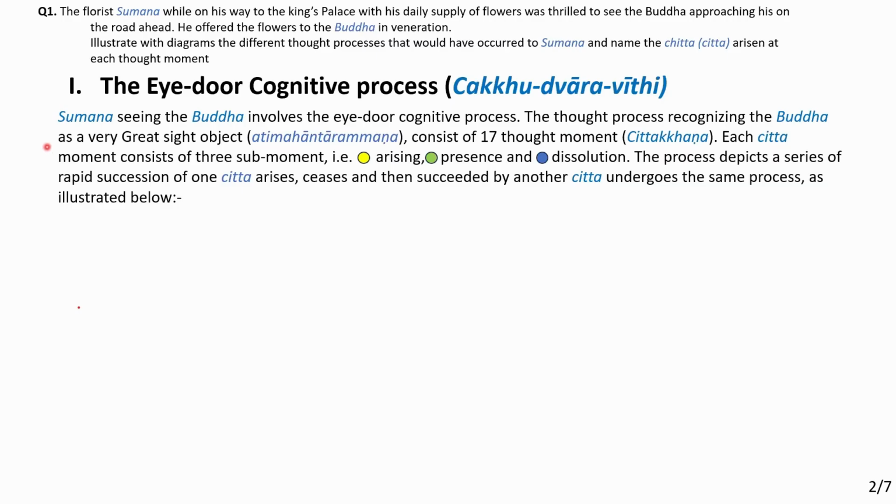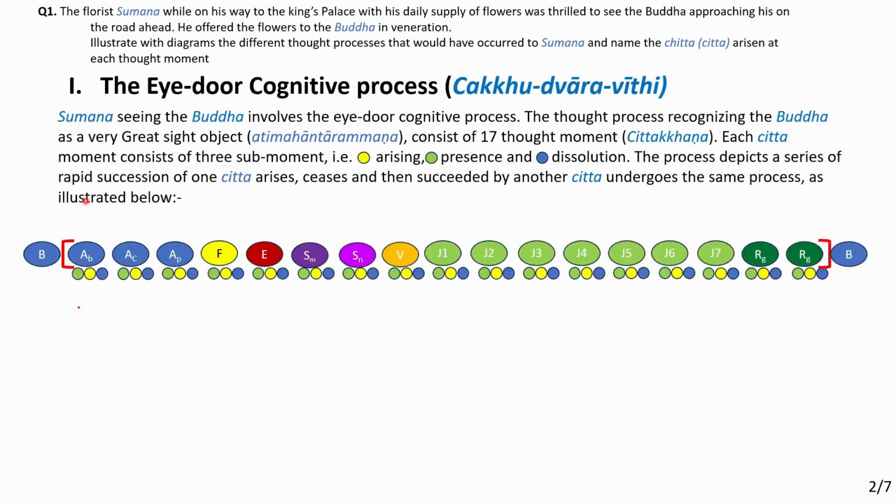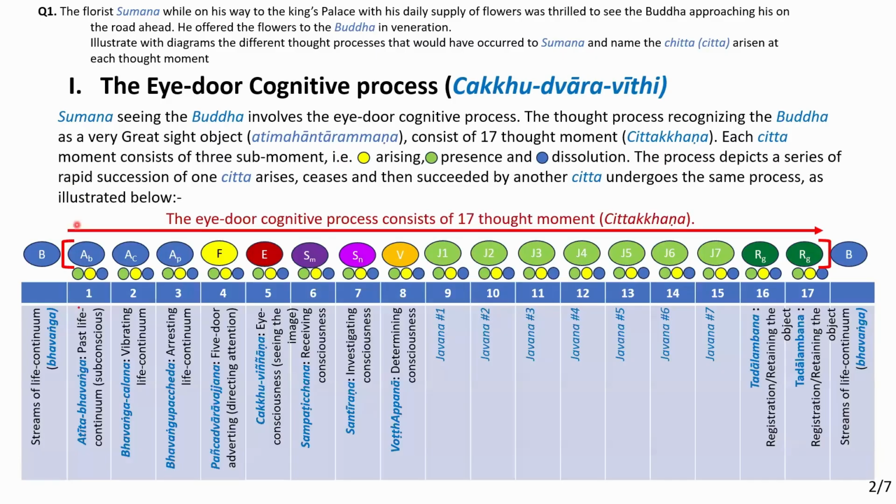The process depicts a series of rapid succession where one chitta arises, ceases, and is then succeeded by another chitta that undergoes the same process, as illustrated below. So we see that there is a series of 17 thought moments started by the stream of life continuum.